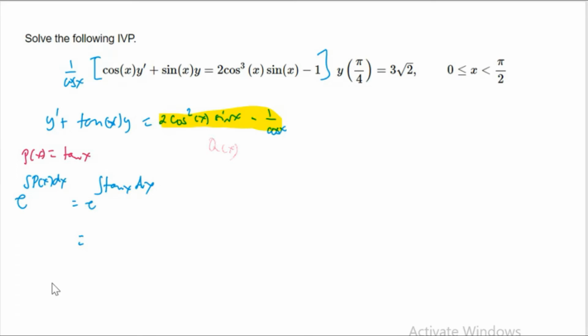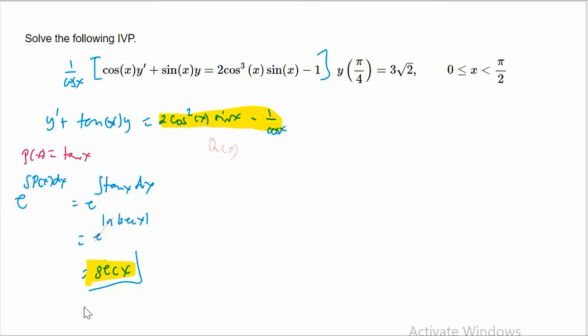It gives us e raised to ln of secant x. Simplifying that, the e and the ln will cancel. So we now have the value of e raised to the integral of p of x dx, which is just equal to secant x. So this is now our integrating factor.